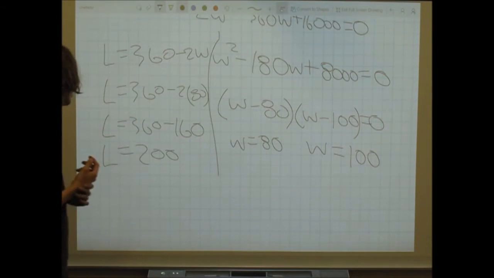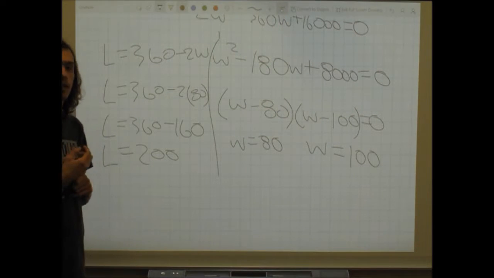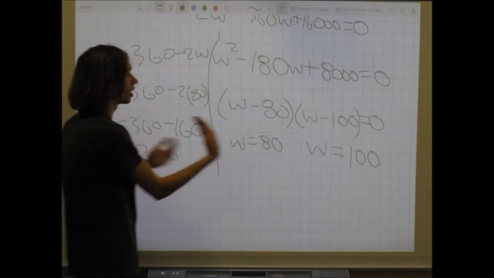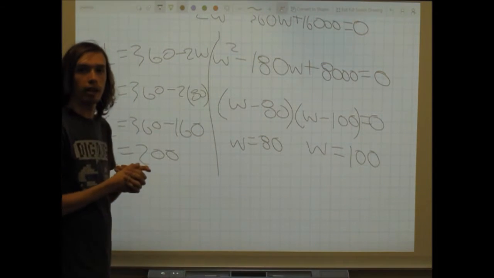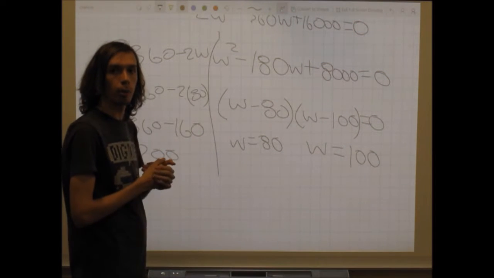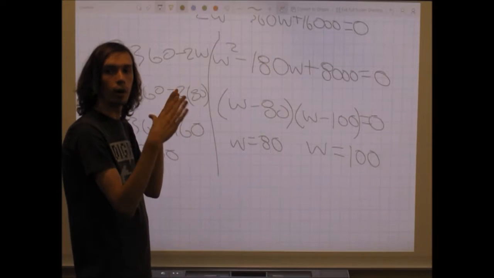And we get L equal to 200, right? And so that's going to mean that if we have a width of 80 and a length of 200, then that will actually be the solution to our problem. That could be the dimensions of our rectangle.